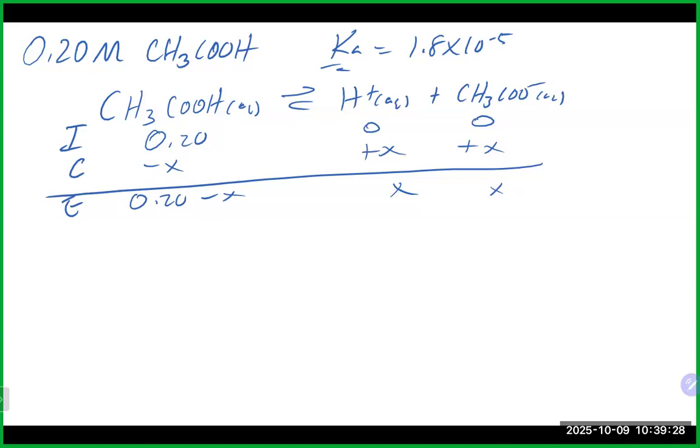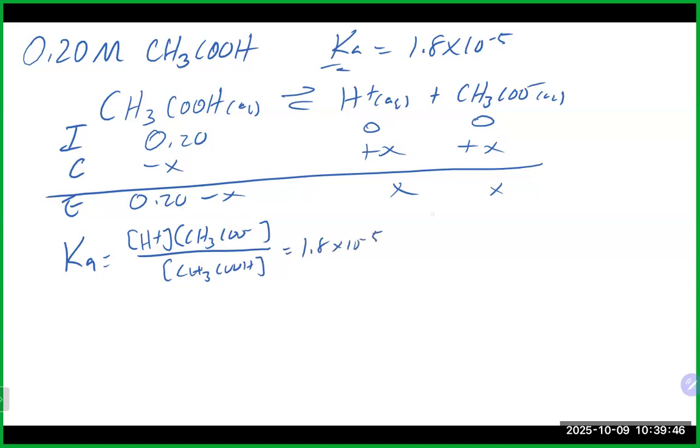Any questions on the table? All right, like normal, we're going to pop that into our Ka expression, which is our H plus, our acetate, and our acetic acid, and that equals 1.8 times 10 to the minus 5. That gives us x squared divided by 0.2 minus x equals 1.8 times 10 to the minus 5. Doing good on the assumptions today, so why not continue? x is approximately 0 in the denominator, we're going to assume.